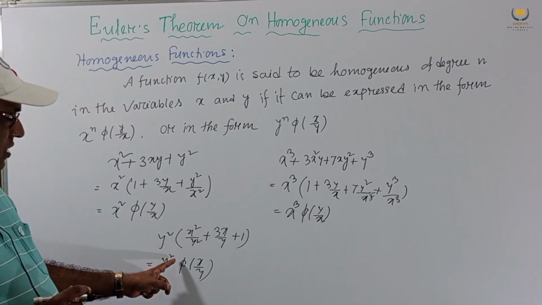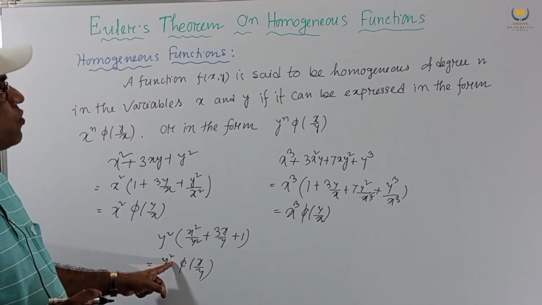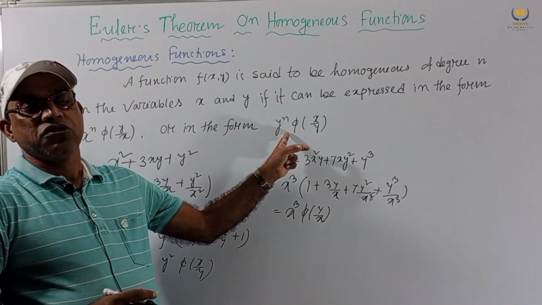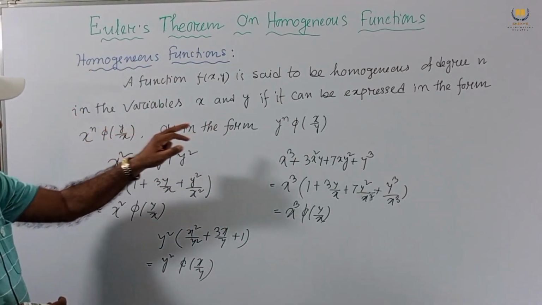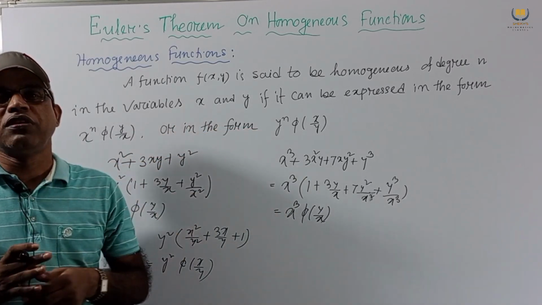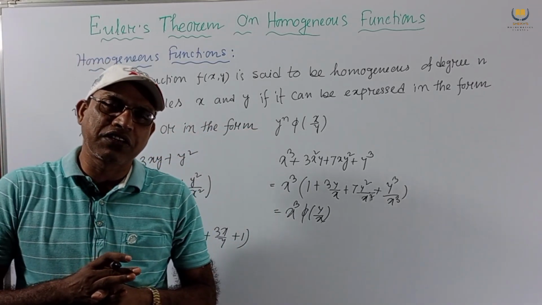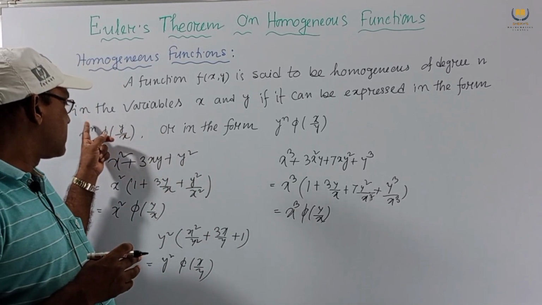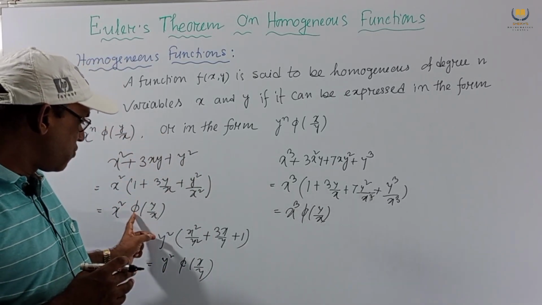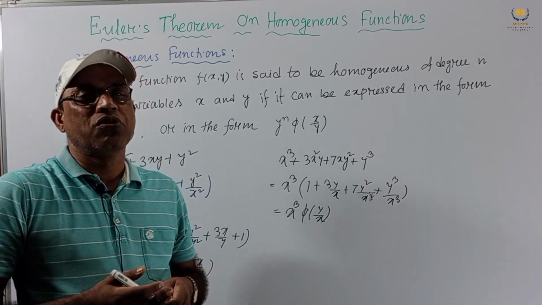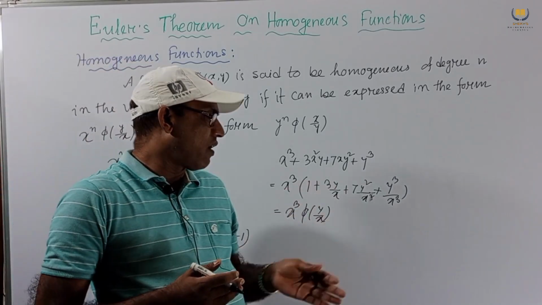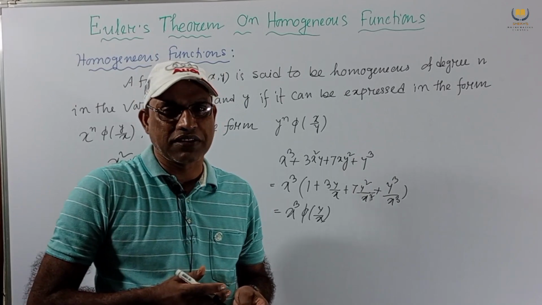So this is also homogeneous of degree 2 in this form. So if any function can be expressed in either this form or this form, it is called a homogeneous function of degree n; this is degree 2, this is degree 3. So this is the rule to find the degree of a homogeneous function.